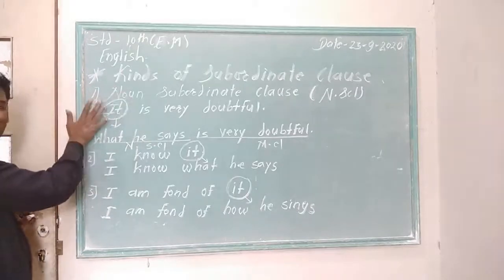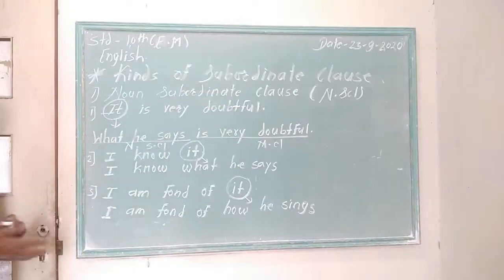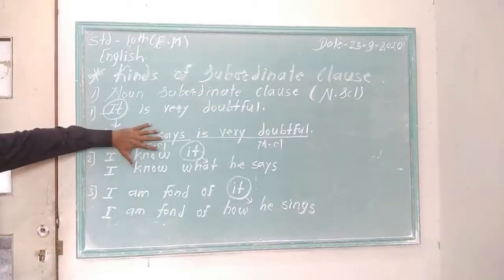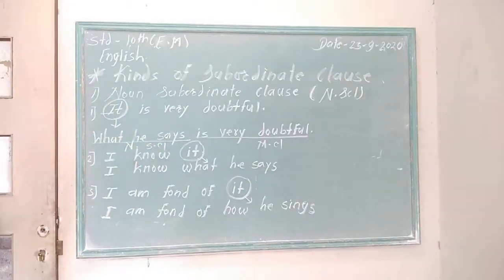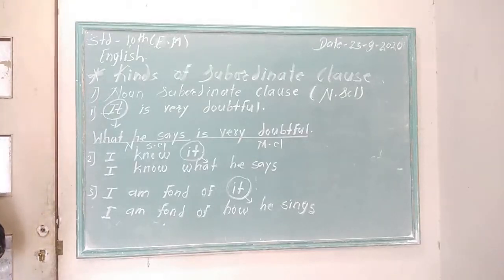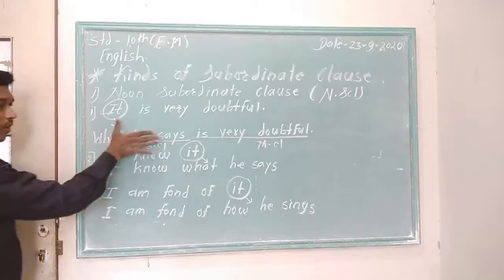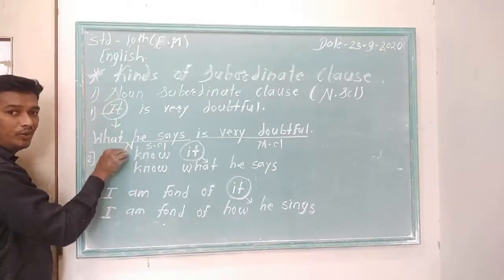This it is the subject, is is the verb, and very doubtful is the adjective. It means this subordinate clause functions as the subject in the given sentence. What it functions as would not be asked, I am telling just for your information. This subordinate clause is at the place of a noun, so it is a noun subordinate clause.